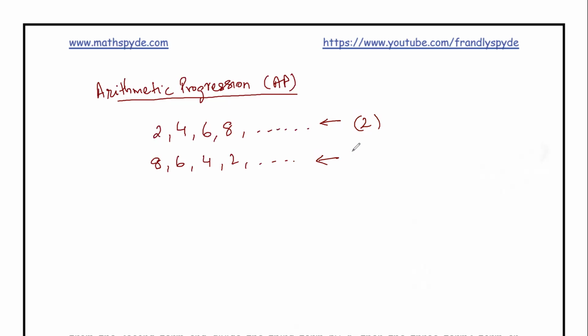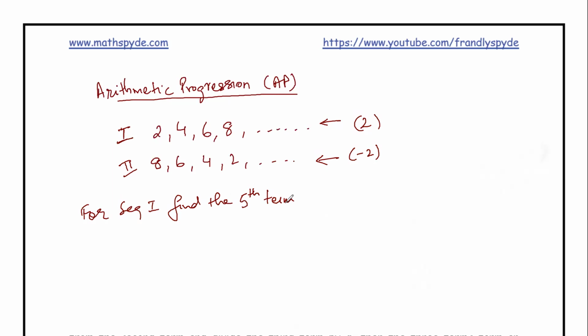And in this one, it is negative 2. Let's say I want to find the fifth term for the first sequence. Let's call this a second example. So for sequence 1, find the fifth term.